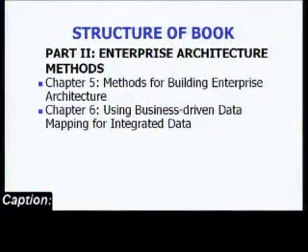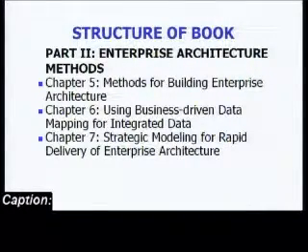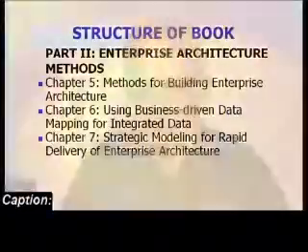Chapter 6 then describes the business-driven data mapping method for achieving integrated data models and integrated databases. Chapter 7 describes strategic modeling for rapid delivery of enterprise architecture and shows how to derive project plans manually from data models.